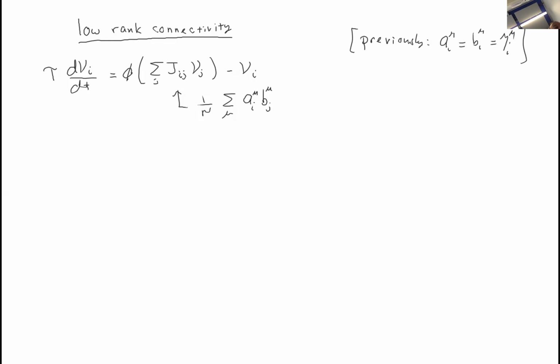Both of these quantities, A_i^mu and B_i^mu, are order 1. That means as N gets bigger and bigger, so we have N neurons in our network, the size of these doesn't change, while J gets smaller by this factor 1 over N. And we'll see that's important, okay?